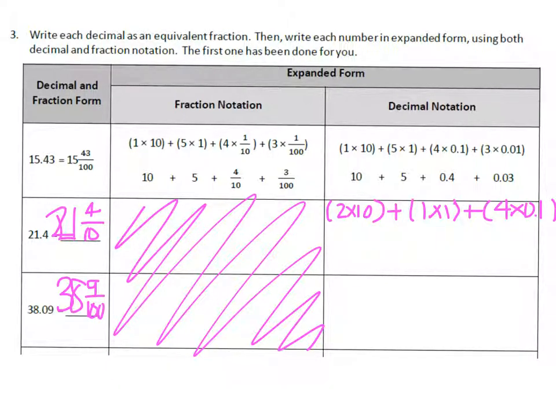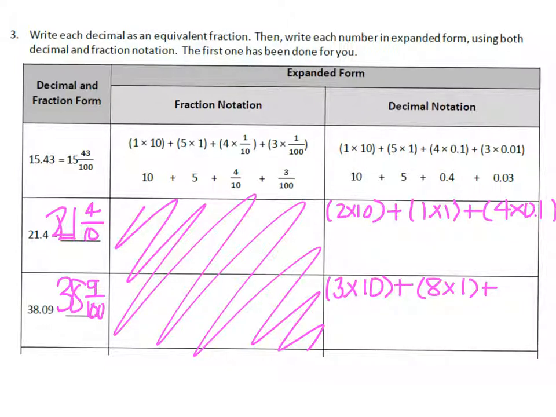For the expanded form, we need to look at the greatest place value. We are going to start in the tens place. We have 3 tens, so our notation is 3 times 10. Plus, the next place value is ones, and we have 8 of them. So our notation is going to be 8 times 1.